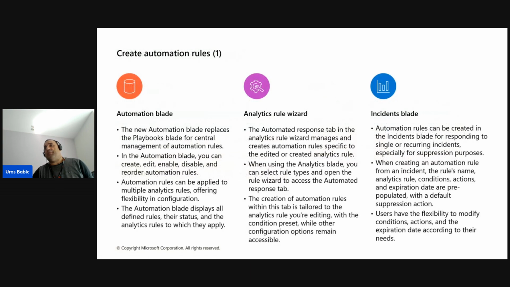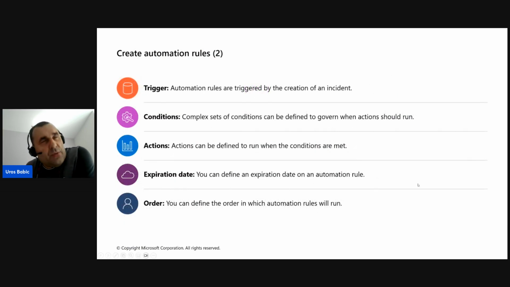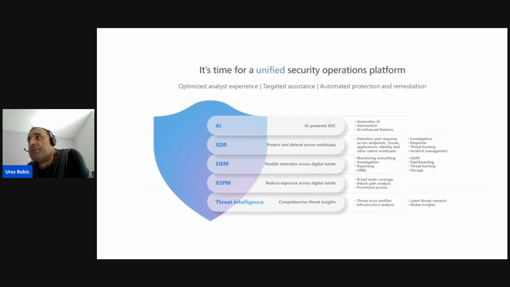Automation is very important, with the automation blade, analytic rule wizard, incident blade, with trigger, with condition, expiration date, and order. You can define the order of which automation rule runs with your playbooks.